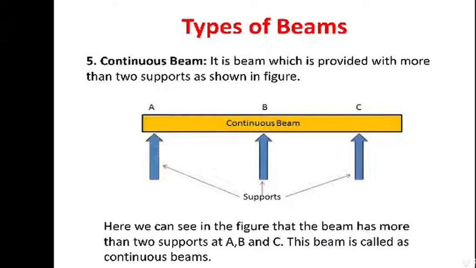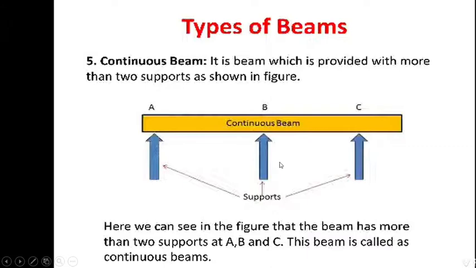Fifth one, continuous beam. That is also very simple. You can see the diagram. The support will be continuous. That type of beam is called a continuous beam.